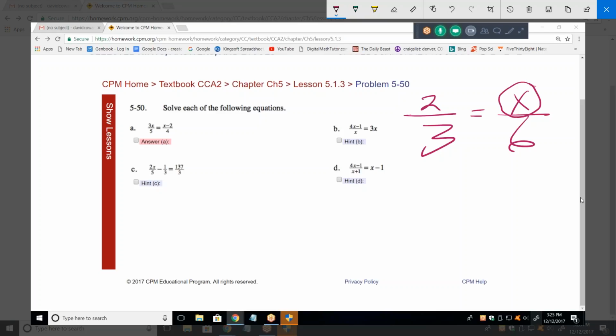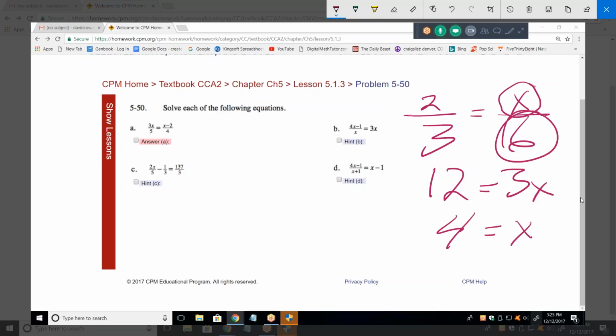Whereas cross multiplying would give me 12 equals 3x, and then I got to do another step, divide everything by 3. So cross multiplying is 2 steps. Multiplying just by the denominator of x is 1 step. So you wouldn't cross multiply here. There's an example, but what you want to look for is x in the numerator all by itself. We're going to see it when we get to C.